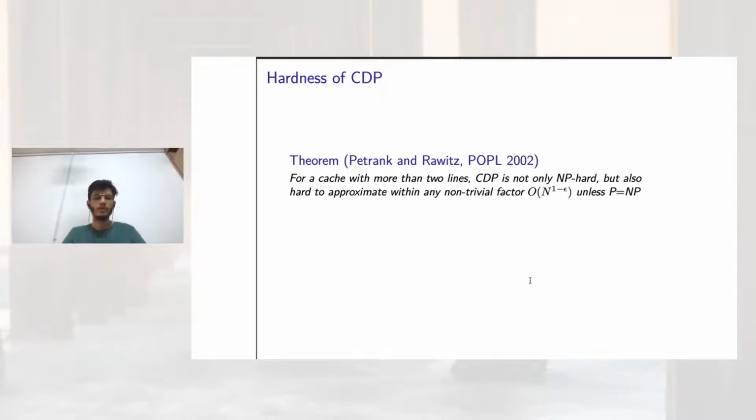There is a theorem proved by Petrank and Rawitz in POPL 2002, that for a cache with more than two lines, CDP is not only NP-hard, but also hard to approximate within any non-trivial factor, unless P equals NP.